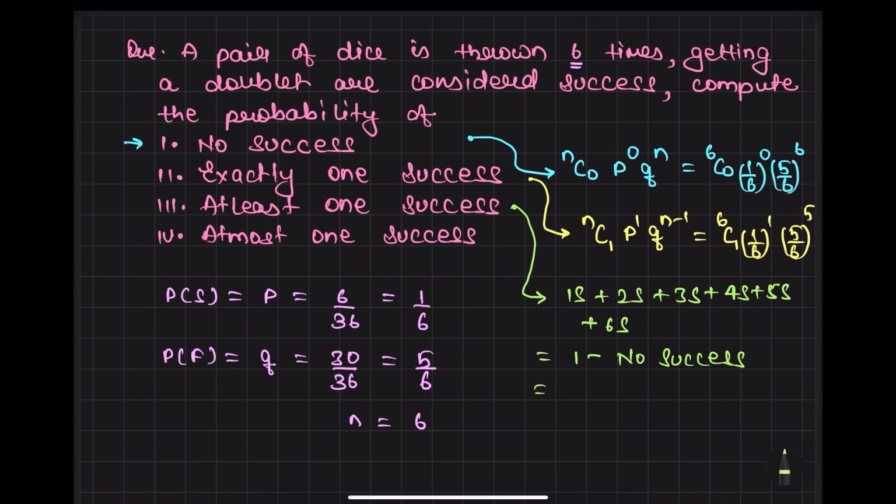One minus no success, and one is one, and no success means what? Look at this first question. So can I go with the first part? It is 6C0, 1 by 6 power 0, and 5 by 6 power 6. Okay, so you can go with this one.